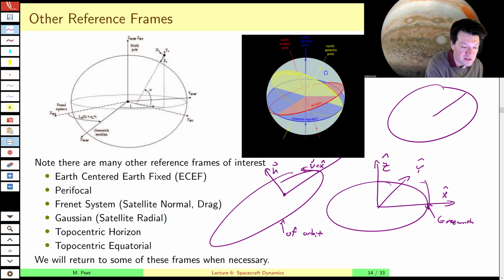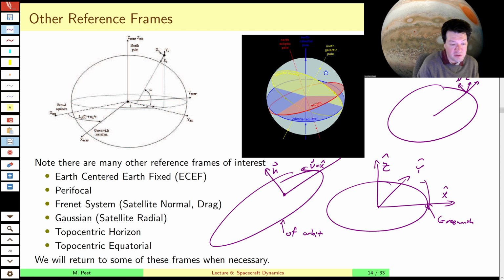It's defined differently for every place on the Earth. So in that case, north, east, and then up. I forget which actually is x and y, but those are the three directions: north, east, and up.